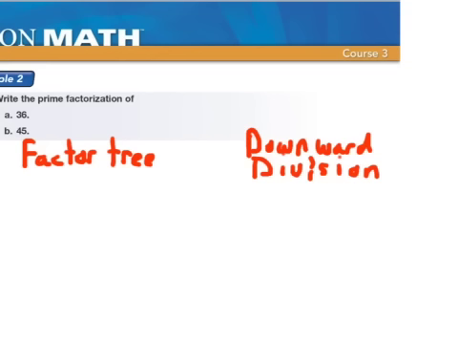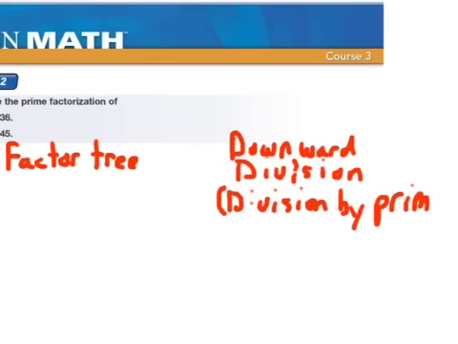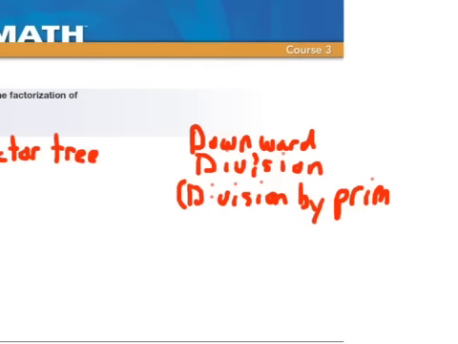Your book's going to call it division by primes. So downward division and division by primes mean the same thing. I call it one, your book calls it the other, but they're the exact same thing.